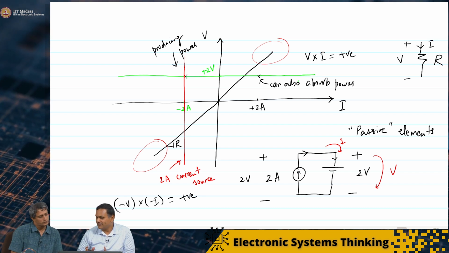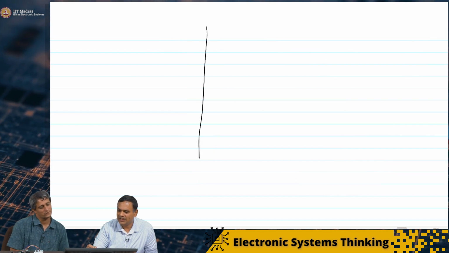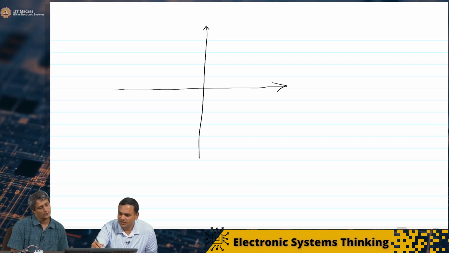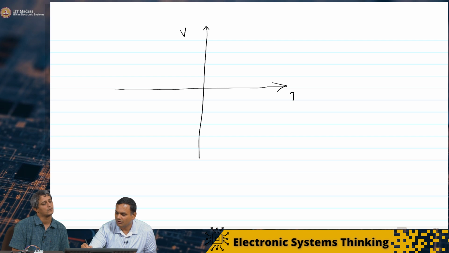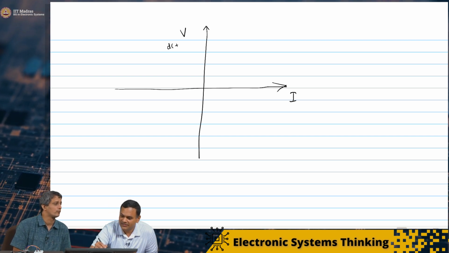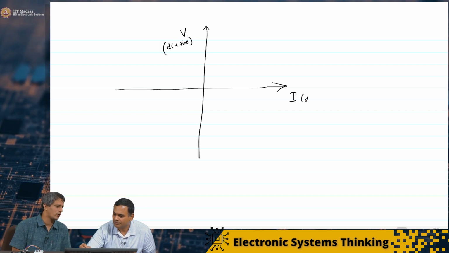It is not very straightforward. But if you were to take an amplifier and plot the total voltage versus total current, this is basically DC plus, I think you were applying a sinusoid? Yes, we were applying a sinusoid.